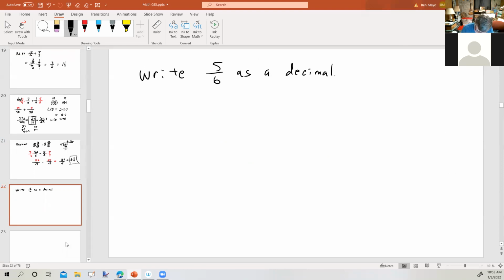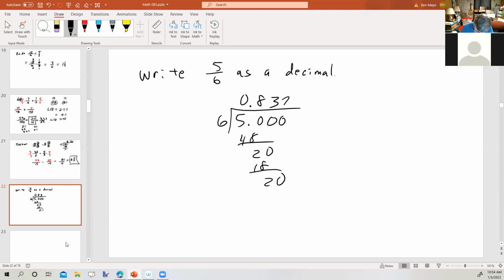Well, we can take 5 divided by 6 and we get, let's see, we move the decimal, we keep adding zeros, we get 48, which then a 2, and that goes in 3 times, and that goes in 3, so it's repeating. So we get 0.83 with a repeating bar over just the 3 to show that that 3 continues.